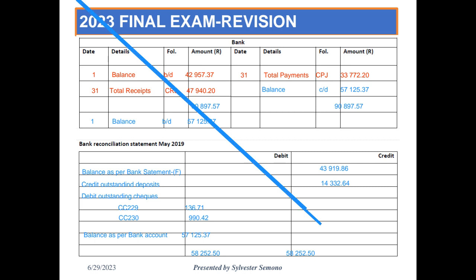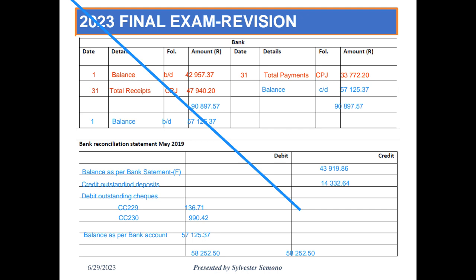Why do you say it balances? Because on the debit side, I can only see two amounts. There must be three.